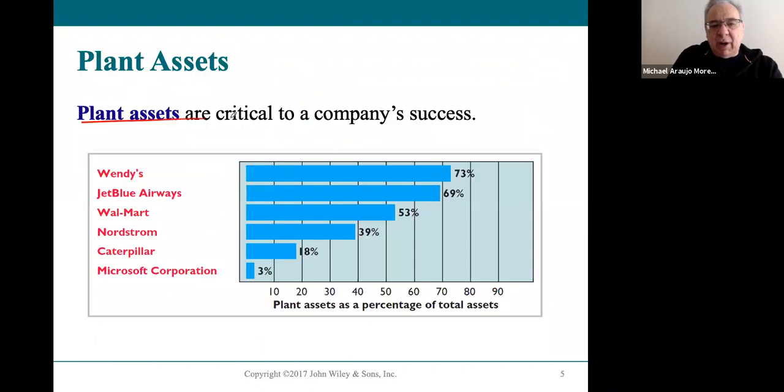Certainly, property, plant, and equipment are really critical for some companies more than others. So if you look at, clearly Wendy's, they own lots of property, plant, and equipment because they mostly own all their buildings.